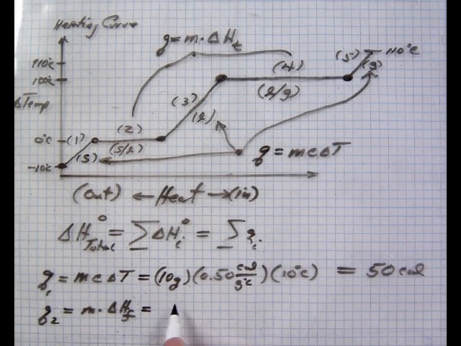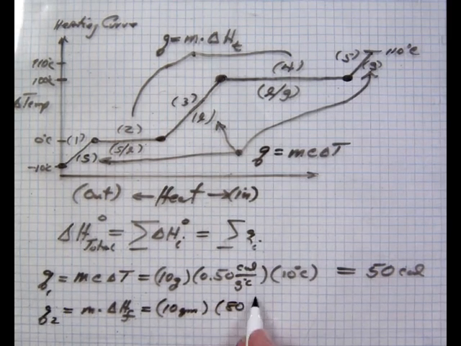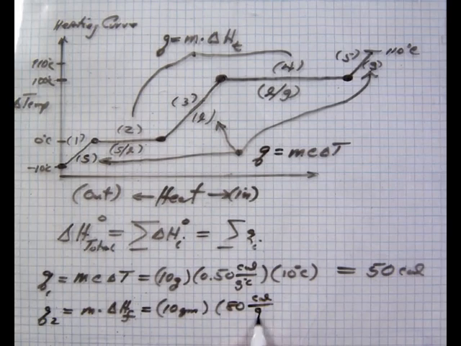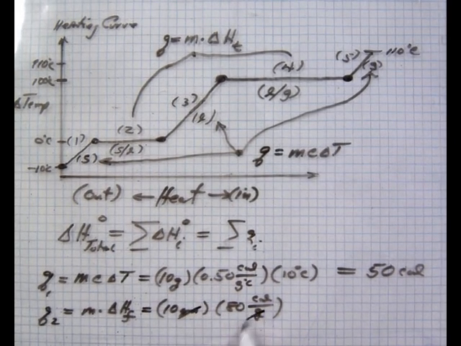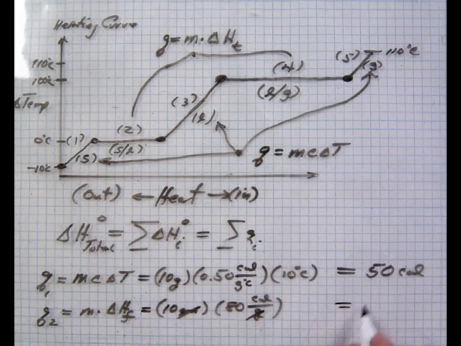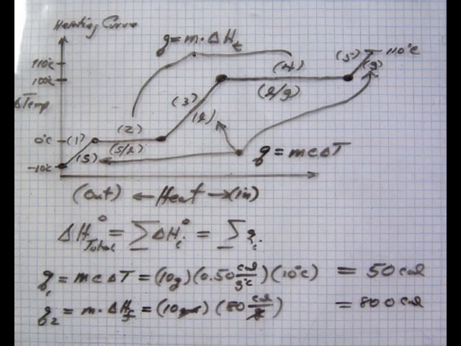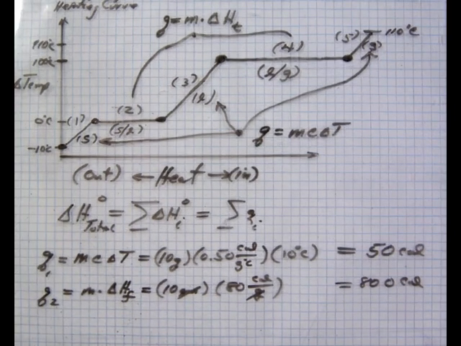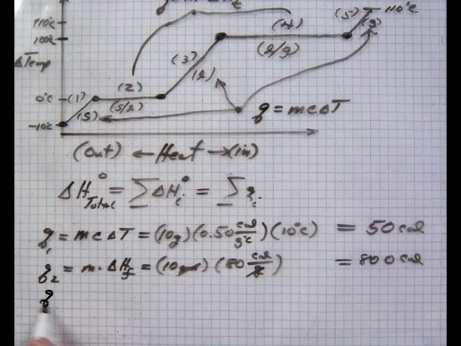Okay, so we got 10 grams of ice, and it's 80 calories per gram. So you don't have any temperature change issue here. And so the grams drop out, and you're left with 800 calories necessary to melt the ice. I am not going to be able to get all of this on there, but I'll try to get it.